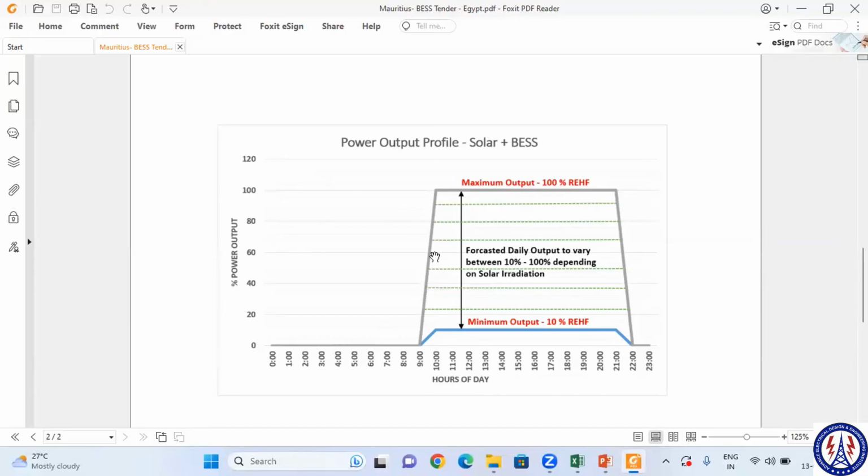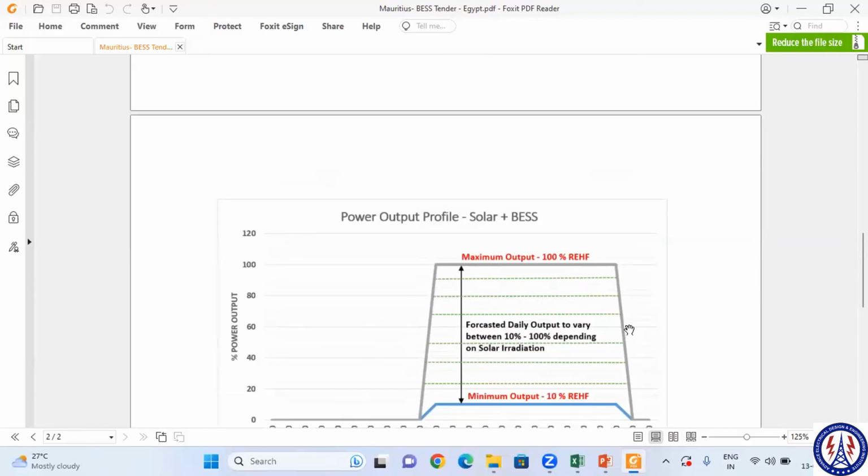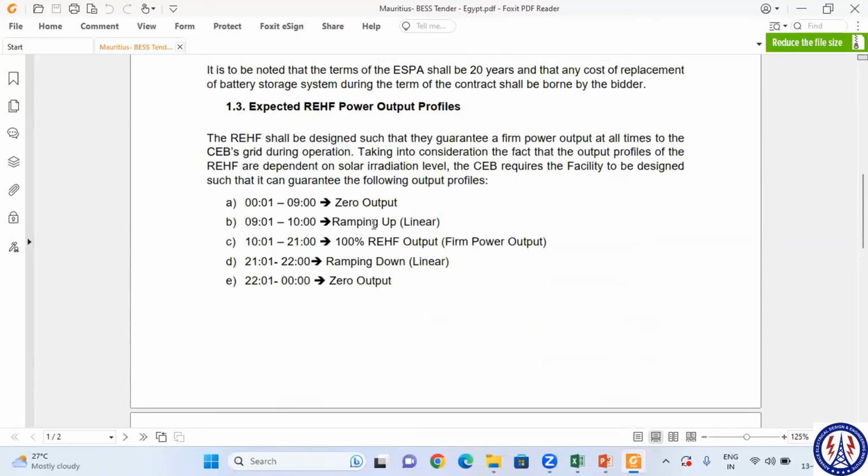In the evening, if I look at this, this is the profile they wanted to operate with the BESS. Yes. Ramping linear. At what time do they require the energy from the battery? Any moment. Yes.